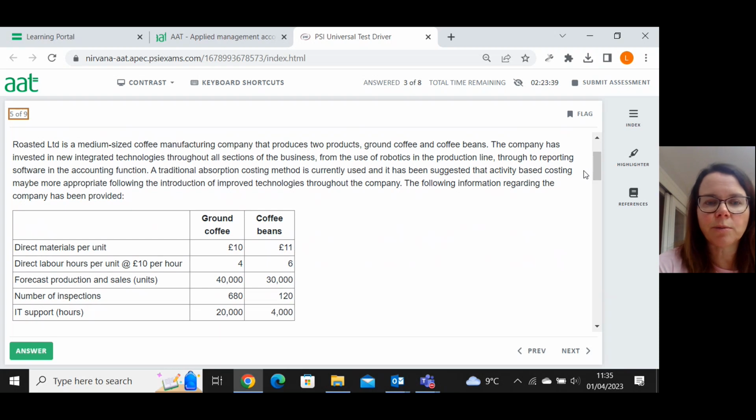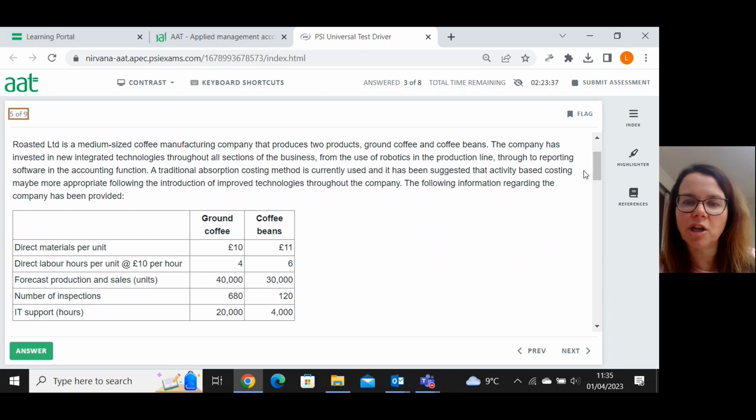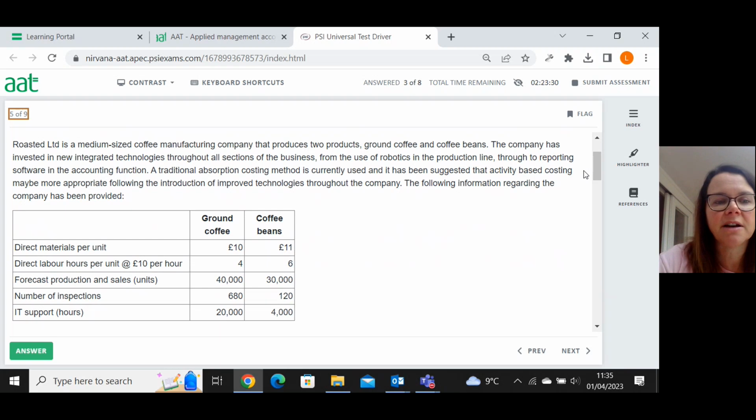A traditional absorption costing method is currently used, and it has been suggested that activity-based costing may be more appropriate following the introduction of improved technologies throughout the company. So that seems to make sense because traditional absorption costing was used when we had very labour, machine intensive manufacturing businesses.